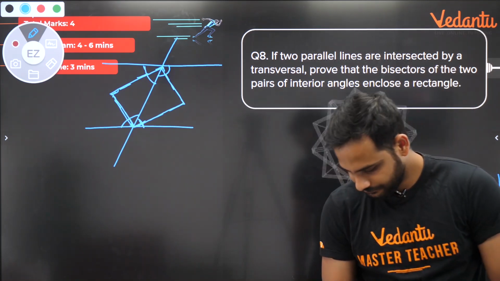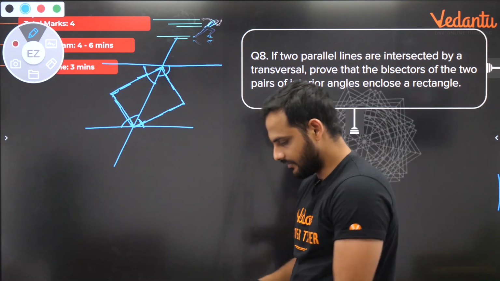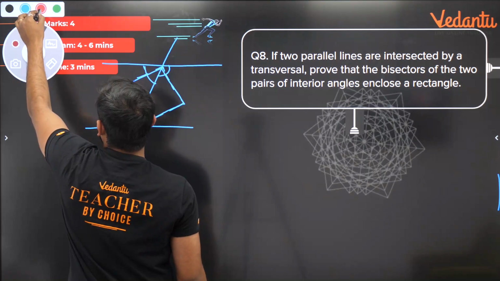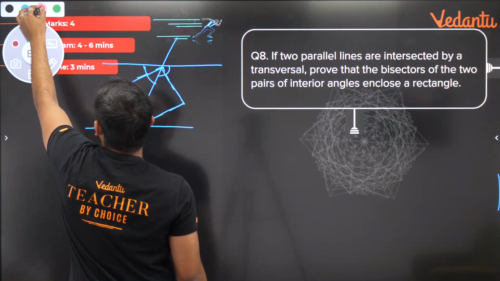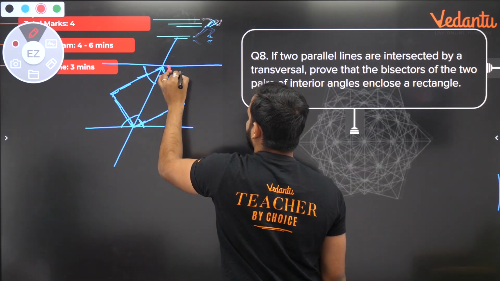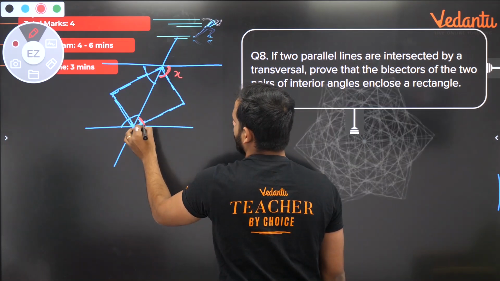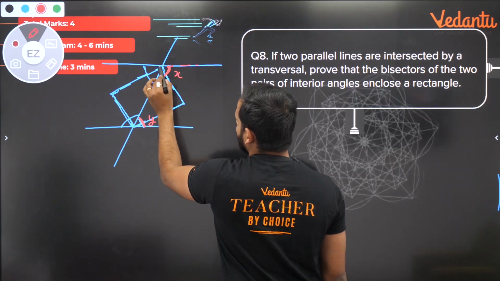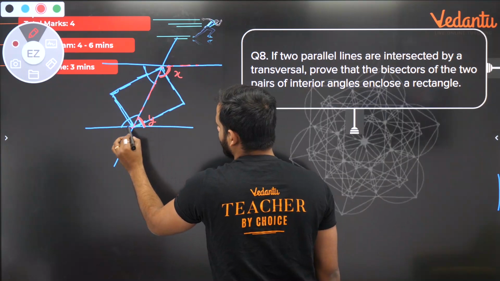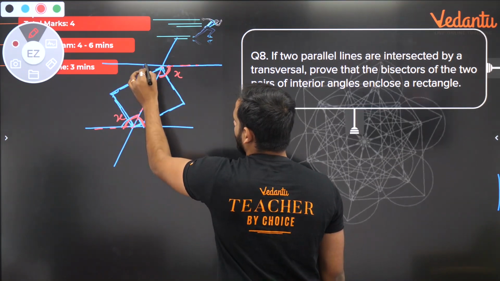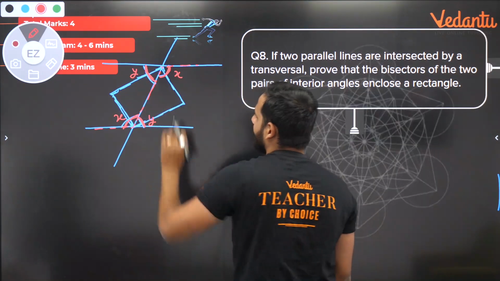Understood? So now let's say bachcho, I will start with this point here. Let's say this whole angle is equal to x, this whole angle is equal to y. Now by using interior alternate angle bachcho, I can say if that part is equal to x, this angle will also be equal to x and this whole angle will be equal to y.